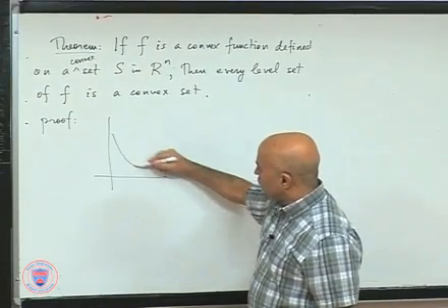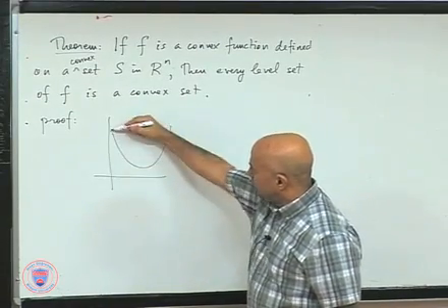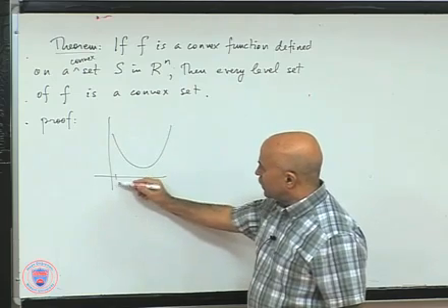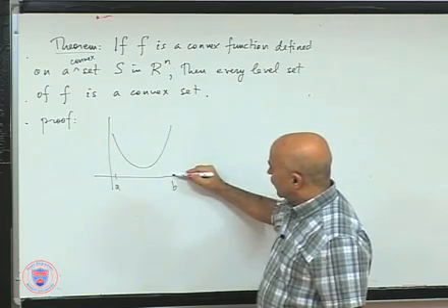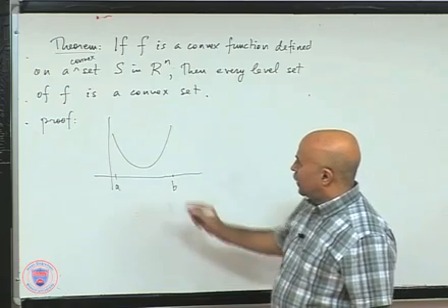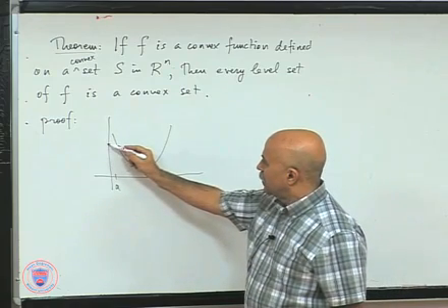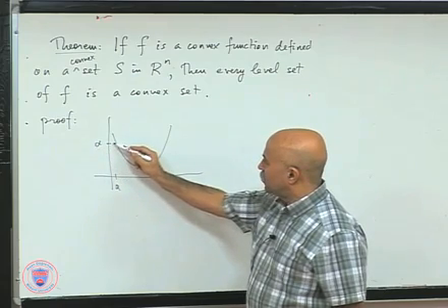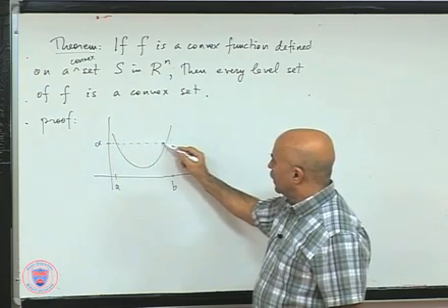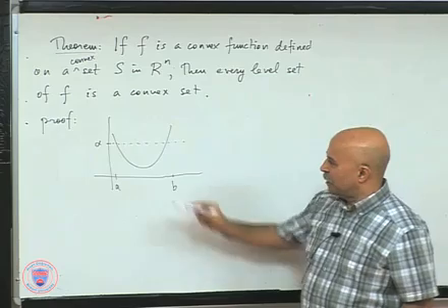So before the proof, if we simply draw a picture to convince ourselves that that is the case, I draw a convex function, for example, like this, between, say, A and B. Okay? And then I look at a particular alpha, and I try to identify the level set.